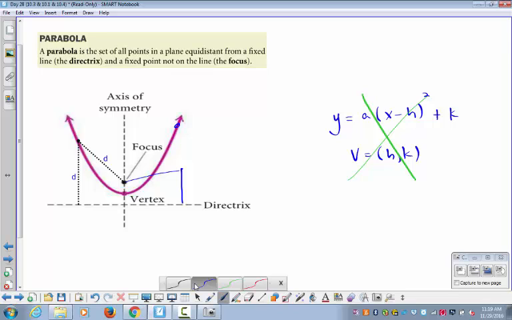This point is on the parabola because that distance and that distance are the same. So the parabola is kind of squeezed in between this distance to the directrix and the distance to the focus. Those have to be equal for a point to be on the parabola. Okay, so it's this process that sort of squeezes the points between these two quantities, the focus and the directrix.